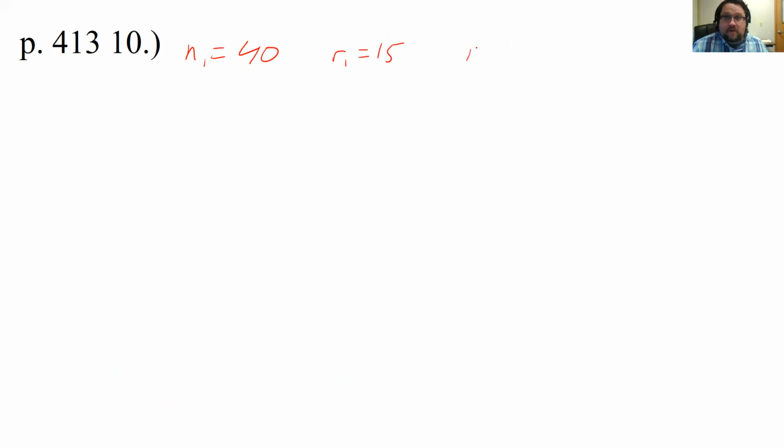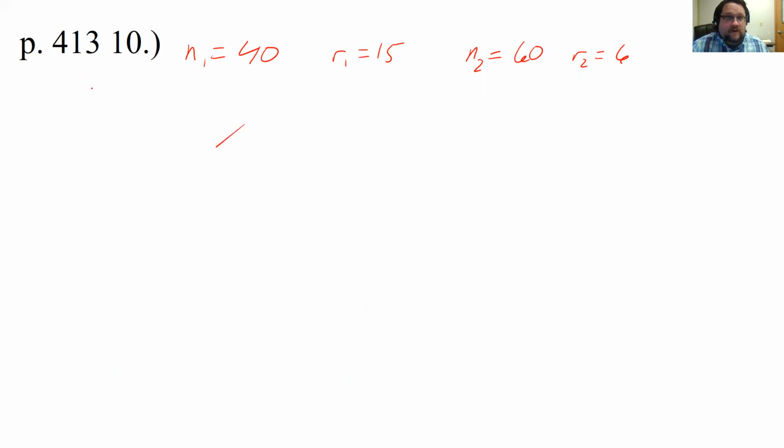And in the second one, we had 60 trials and 6 successes. So more than 5 successes, 54 failures on the second one, so more than 5. 15 successes on the first one, that's more than 5. That leaves 25 for failures, again, more than 5, so we can normalize it.